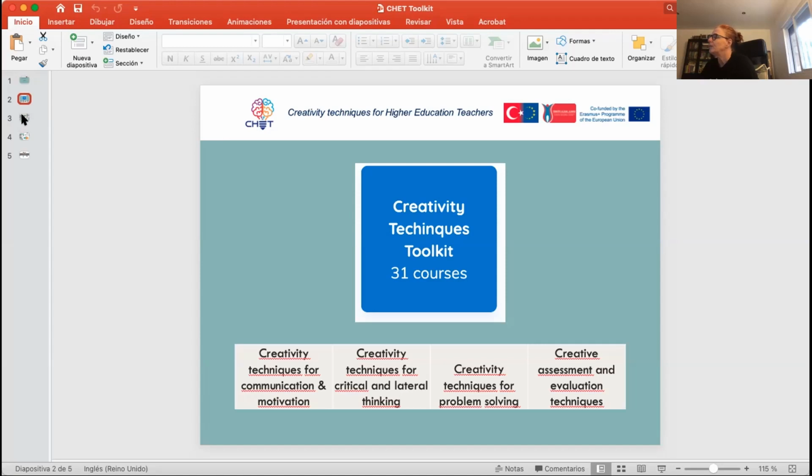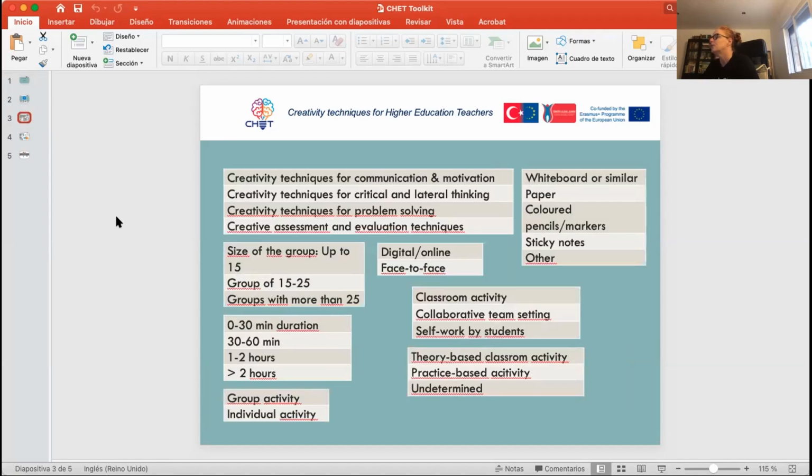We also identified other classification criteria, apart from the 4 which we already mentioned. We have the size of the group, depending on the technique used. Some techniques are more appropriate for small groups or individual work.